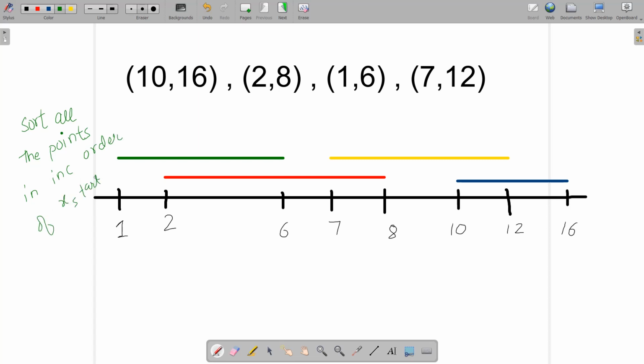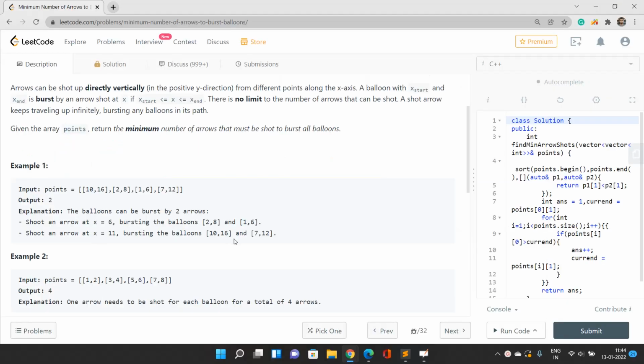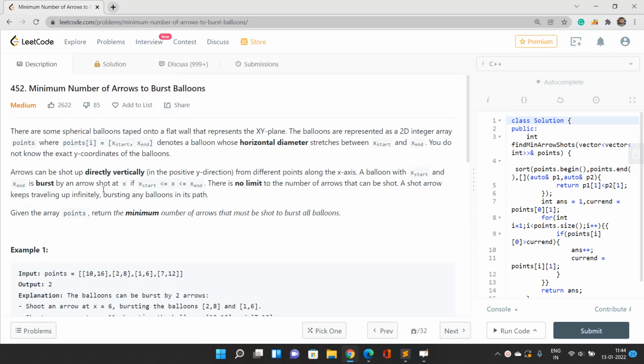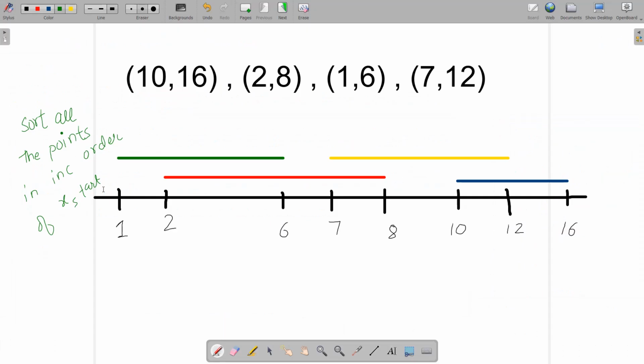Also, one thing to note: I have plotted the points like over here, but the coordinates range from minus 2 raised to the power 31 to 2 raised to the power 31, so you cannot have an array of such a big size. You need to find another way to solve this problem efficiently.